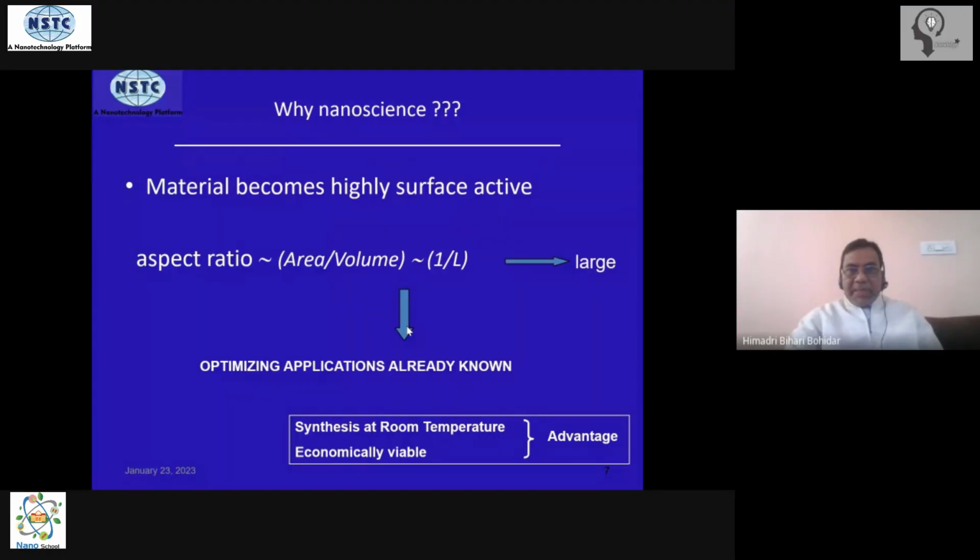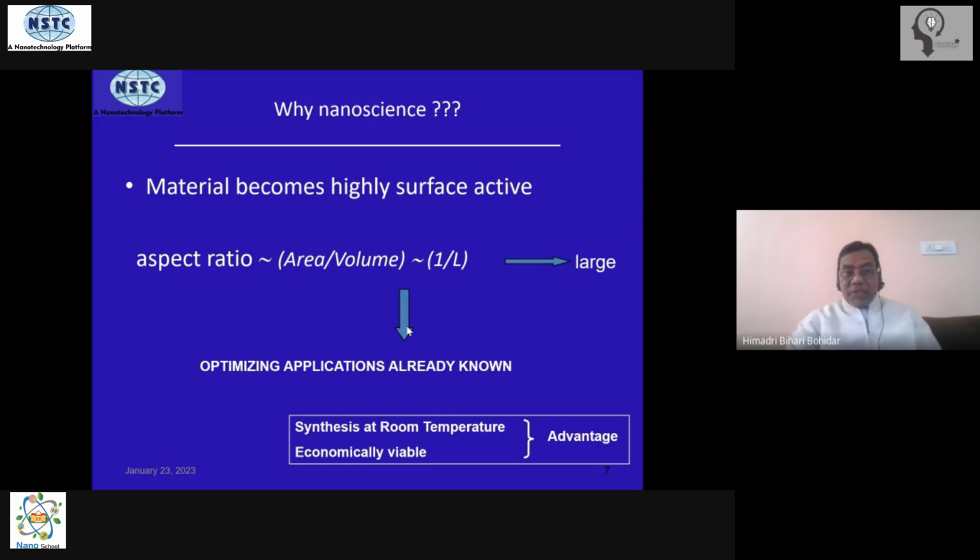The materials become very active or reactive when the size becomes very, very small. That is because when the size becomes small, the surface activity of the material becomes very high. When we talk of nanoscience, we normally talk of an aspect ratio to give the audience an idea of the nature of the nanomaterial one is dealing with.